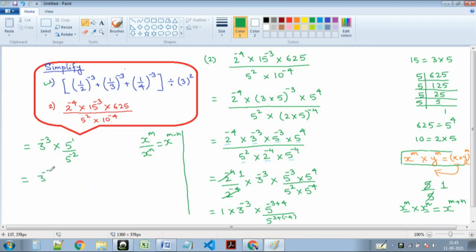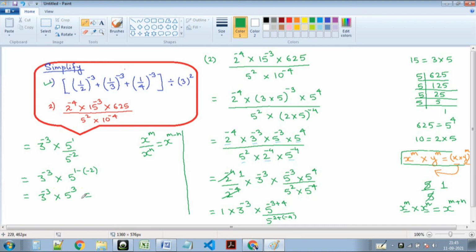This will remain as it is, cross. This will become 5 to the power 1, and we put the minus sign in between, so minus of minus 2. So this can be written as 3 to the power minus 3 cross 5 to the power 3, because minus into minus is plus, so 1 plus 2 is 3.